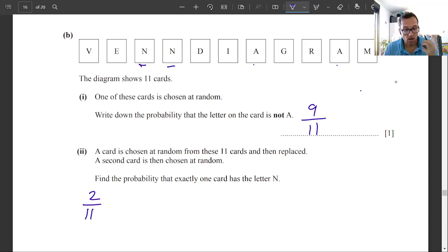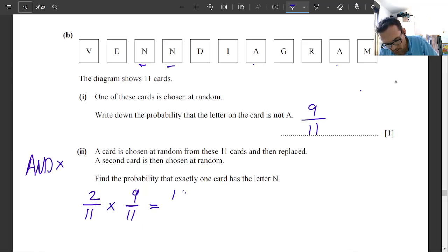And this time, it can't be an N, because we need exactly one N. So it has to be one of the other 9 cards. So that's 9 out of 11. Okay, so for this to happen, we have to pick an N and then pick another, not N. That's the AND rule. And for the AND rule, remember, we multiply them together. Okay, so that will be 18 out of 121.